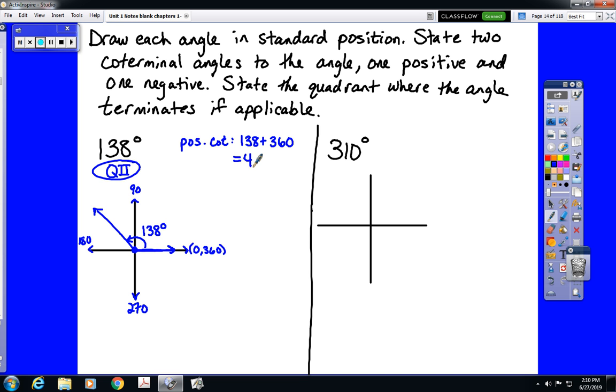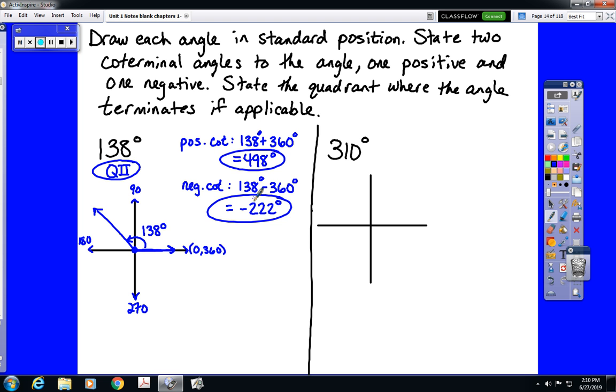And to get the negative coterminal angle, we're going to take the original angle 138 and subtract 360 degrees, which would be negative 222 degrees. So again, this problem has 4 answers. We need to draw the angle in standard position, which is this picture here, labeled. State 2 coterminal angles, one of which is positive and one of which is negative. And state the quadrant where the angle terminates.